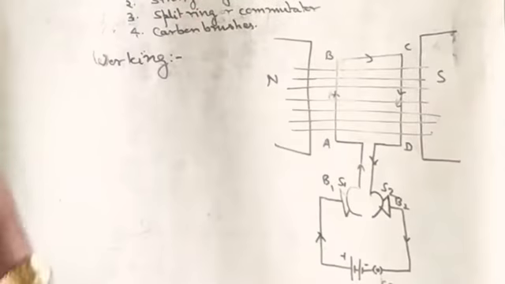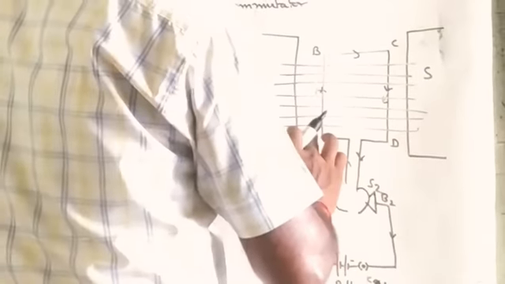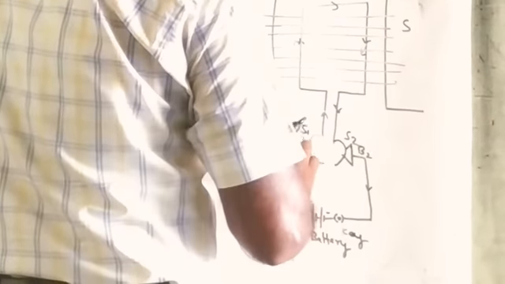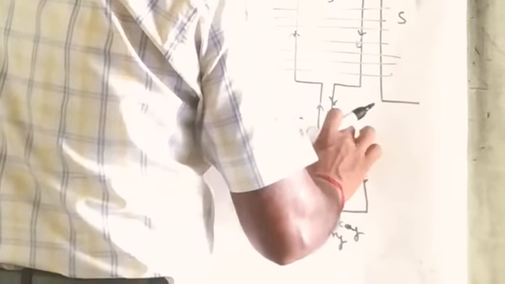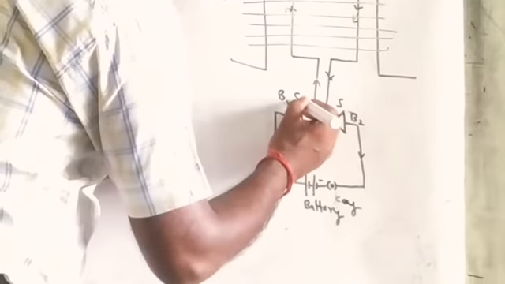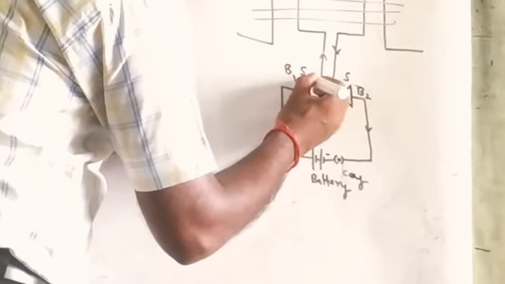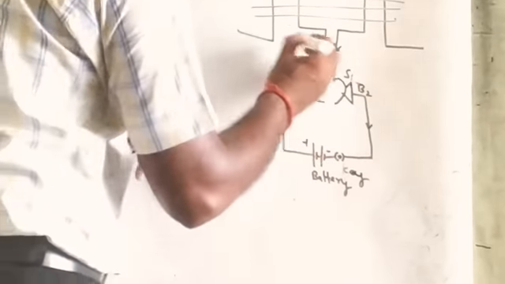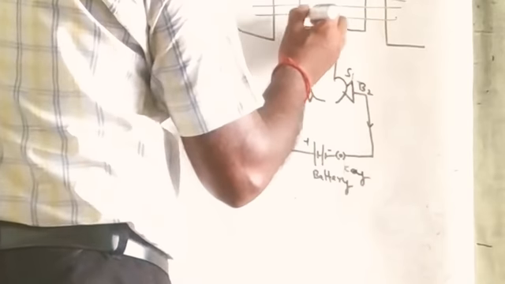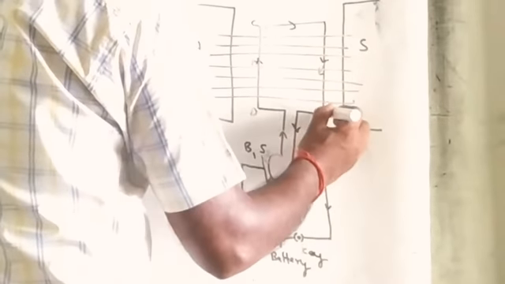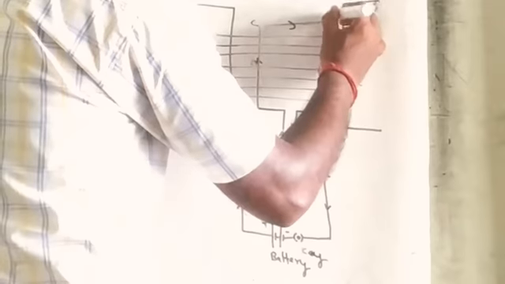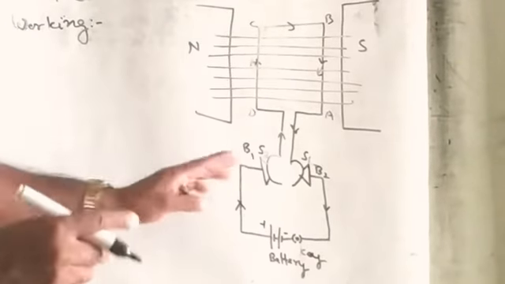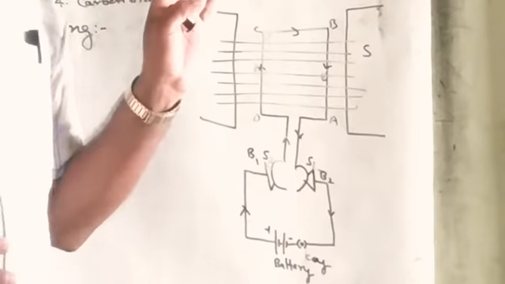Brushes B1 and B2 are fixed. After half rotation, split ring S2 comes on B1 and S1 comes on the other. After half rotation, this situation will come.